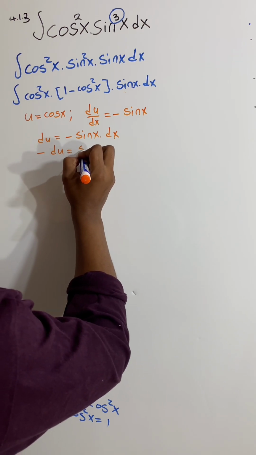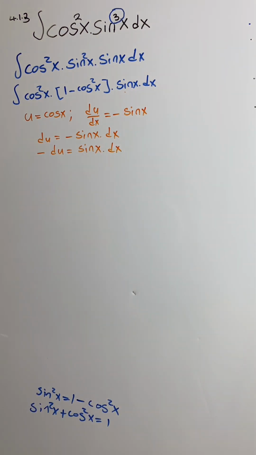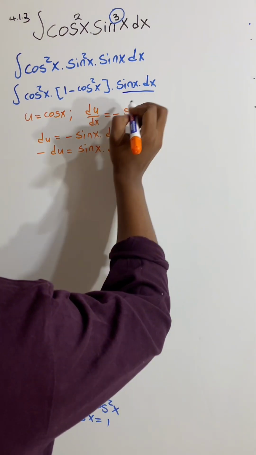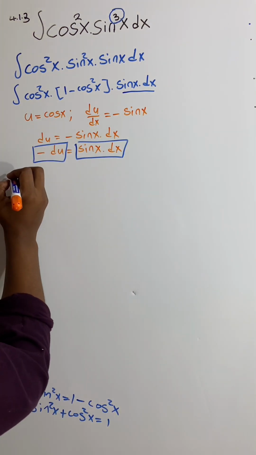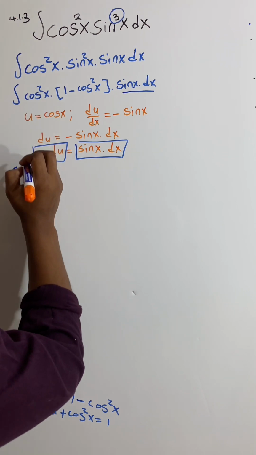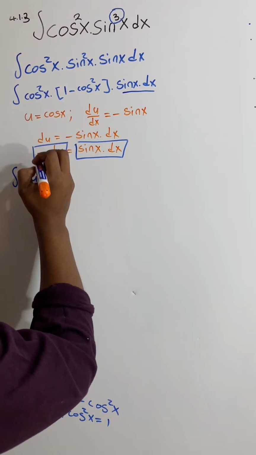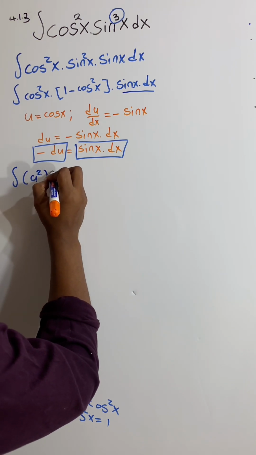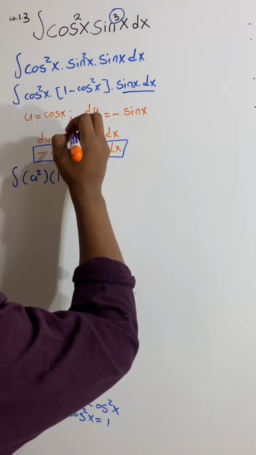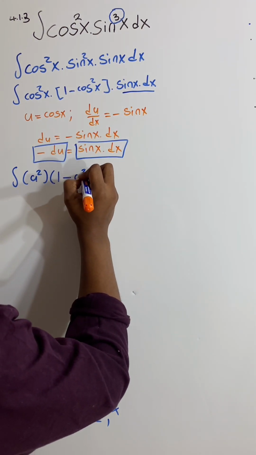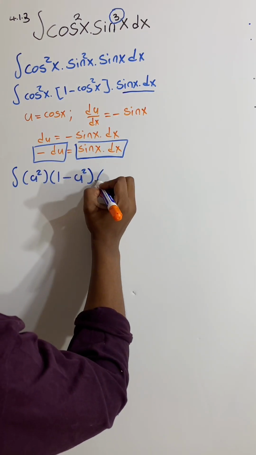So negative du will be equal to sin x dx. So in the place of that sin x dx, we will substitute negative du. So our integral, in the place of cos x, we substitute u, and also that cos is squared, so we also square the u. And in the place of that sin x dx, we substitute negative du.